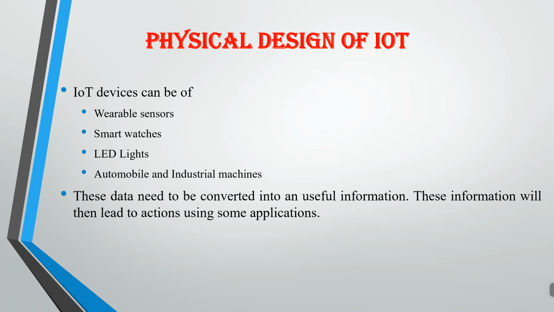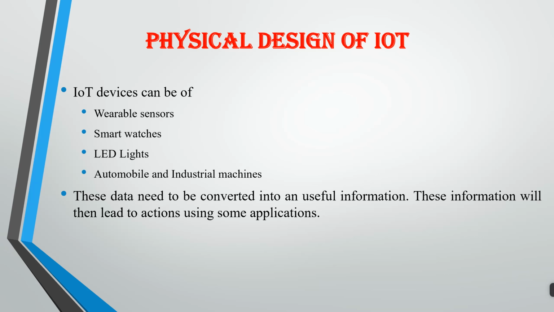So now let us look into the different types of IoT devices. IoT devices could be wearable devices. IoT devices could be available in smartwatches. IoT devices can be LED lights. IoT devices could be in automobiles and industrial machines. You could find IoT devices in automobiles and industrial machines.